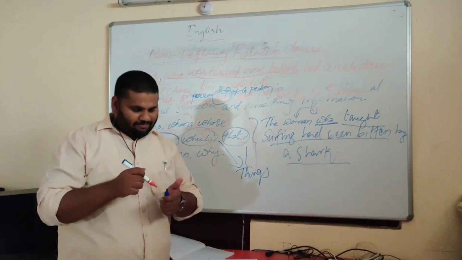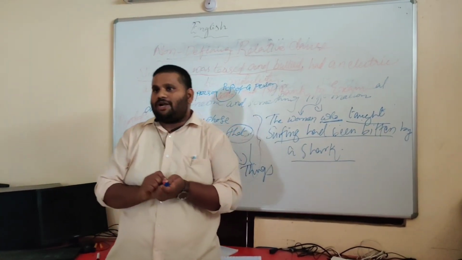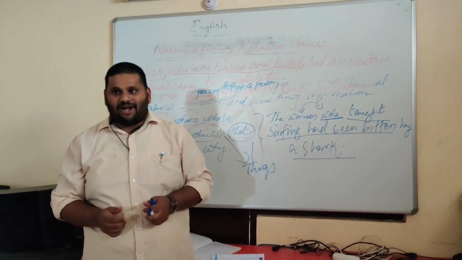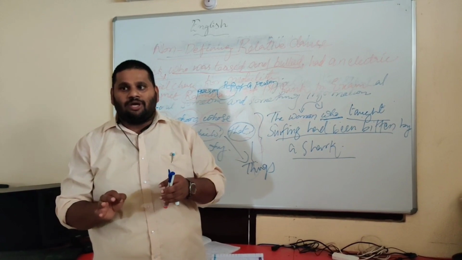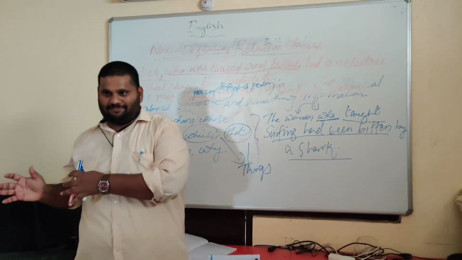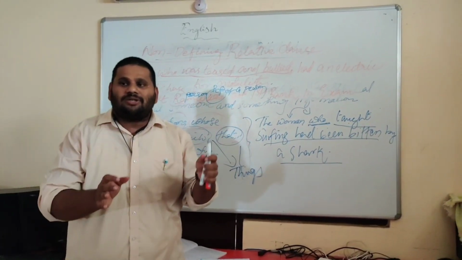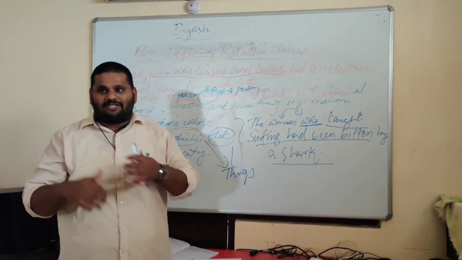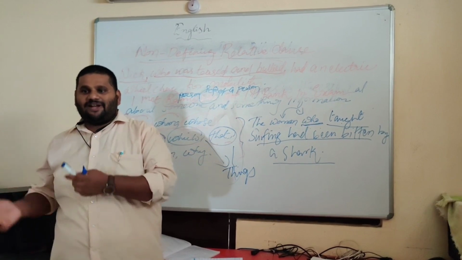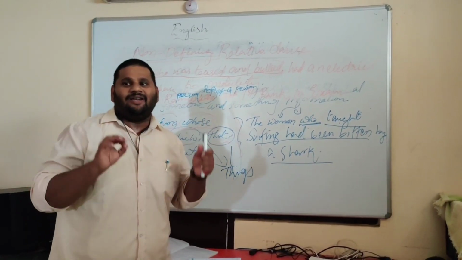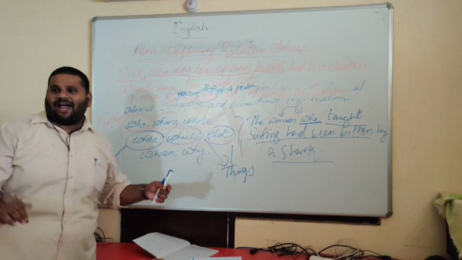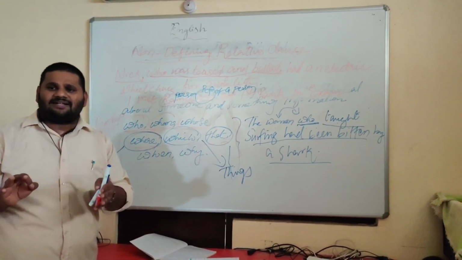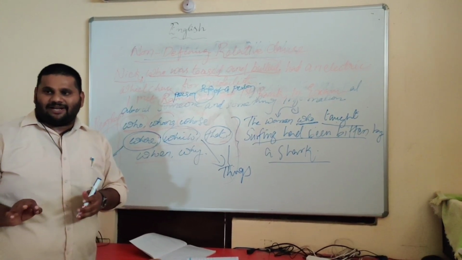Now let me clarify what is defining and non-defining, to summarize. A defining relative clause has an essential part, using the help of a relative pronoun. What is a non-defining relative clause? A non-defining relative clause must have commas or hyphens and additional information.